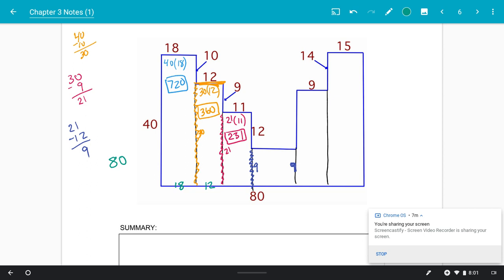This part is 12. This is 11. This part's 9, and this is 15. So what we can do is take 80 minus 18 minus 12 minus 11 minus 9 minus 15 and see what's left for this section right here.